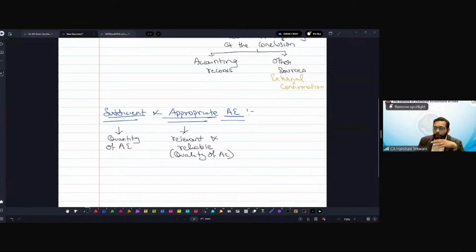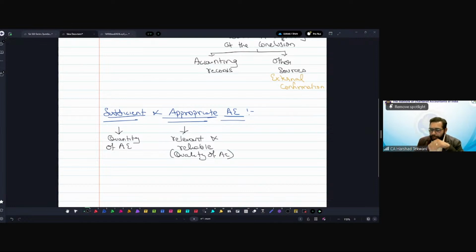Now, there are certain procedures that we need to design and perform when we are checking the relevance and the reliability of the information to be used as audit evidence. We cannot directly say that this is relevant or this is reliable. We have to perform some procedures before we can say yes, this is relevant and this is reliable. Clear till now? Yes, sir.